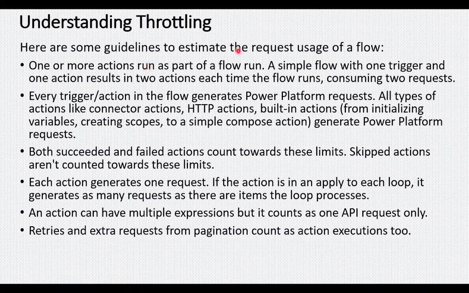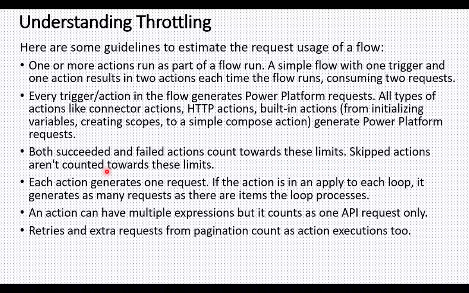These are some guidelines to estimate the request usage of a flow. One or more actions run as part of a flow run. A simple flow with one trigger and one action results in two actions each time the flow runs, consuming two requests. Every trigger and action in the flow generates a Power Platform request. Both succeeded and failed actions count towards these limits.